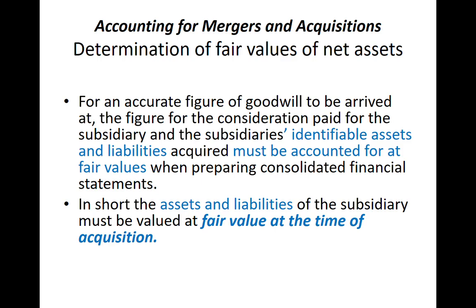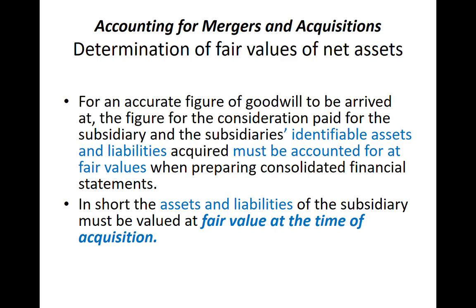So remember that when you are consolidating financials in mergers and acquisitions, it means that you are going to bring together the various subsidiary accounts of the subsidiary firms into a common account, which we call the parent account.